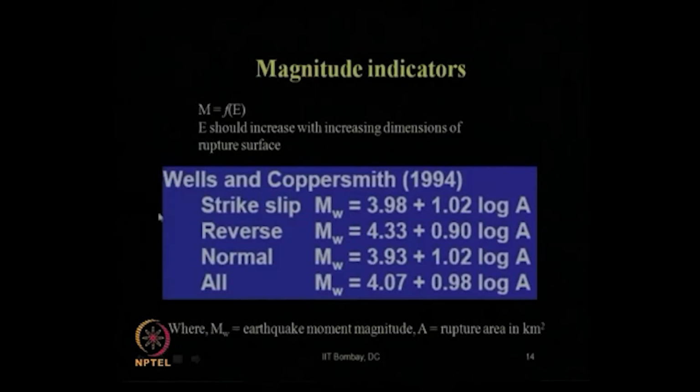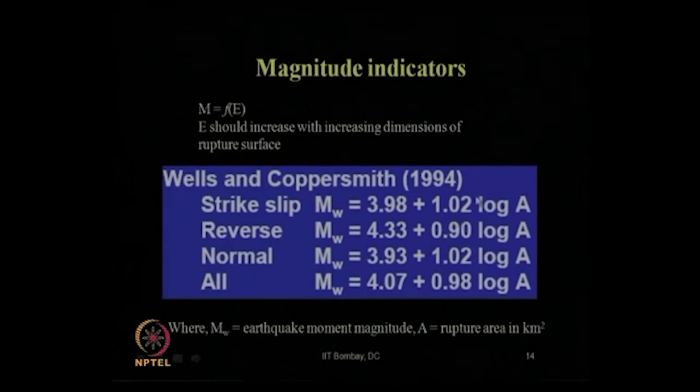That is why in this slide we have mentioned that these are the best recommended equations of Wells and Coppersmith for magnitude calculation for a particular earthquake using the fault geometry, the fault rupture area and types of faults also.